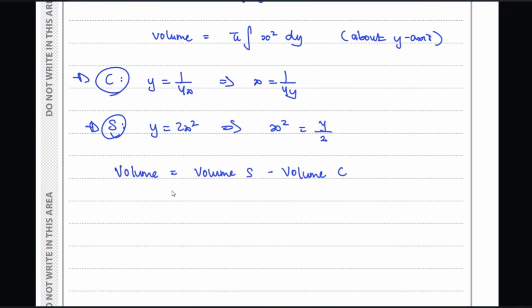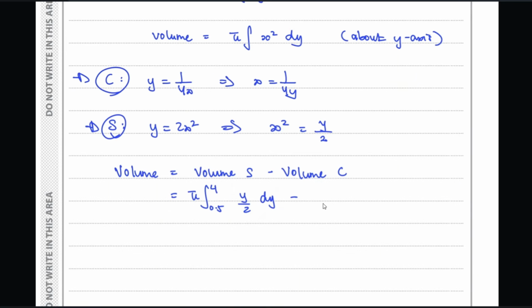Let's write down the formula for the volume of revolution for curve S. That will be pi times the integral with limits going from 0.5 to 4 of x squared with respect to y. For curve S, x squared is equal to y over 2, so it's y over 2 with respect to y.